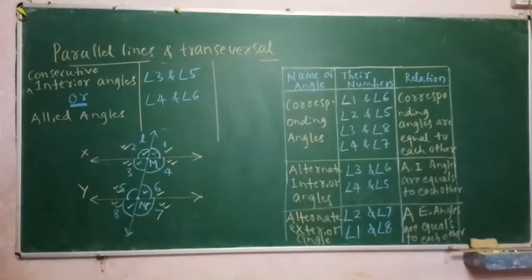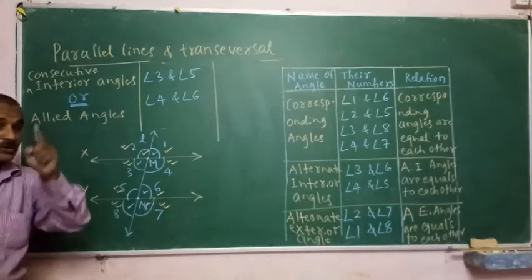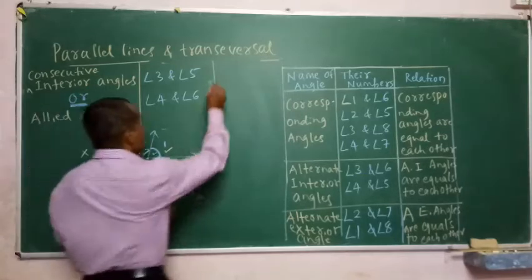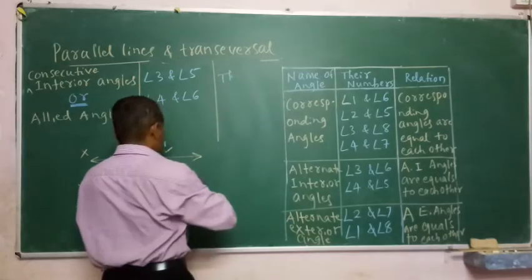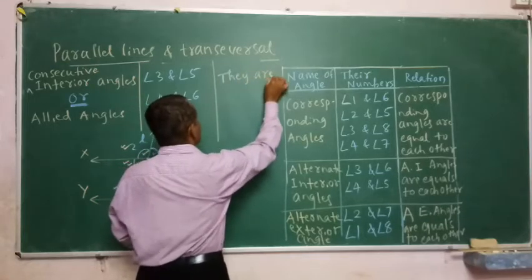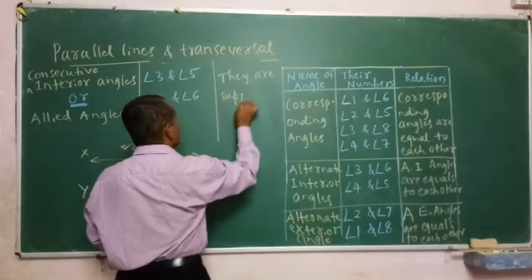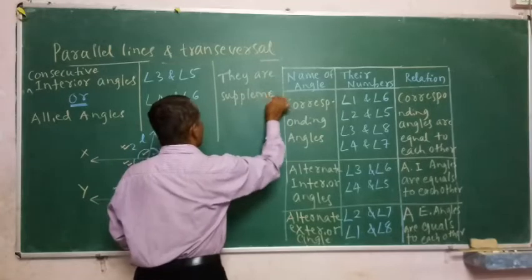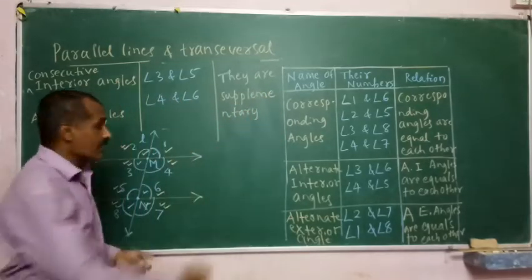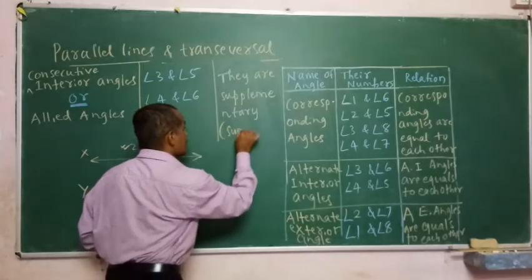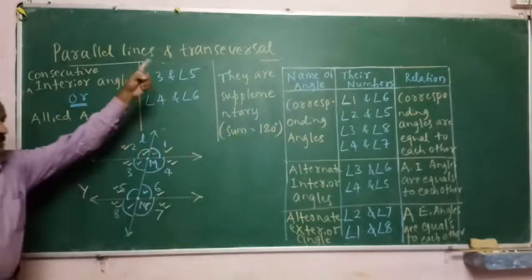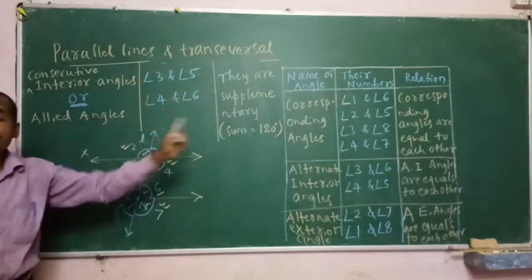How are they related? This is the point to be noticed. They are not equal to each other. They are supplementary. What do you mean by supplementary? Sum is 180.